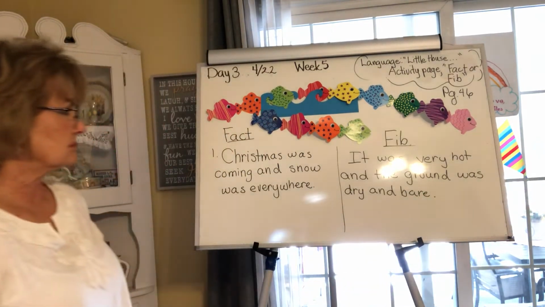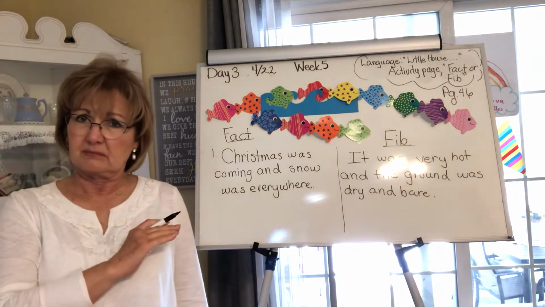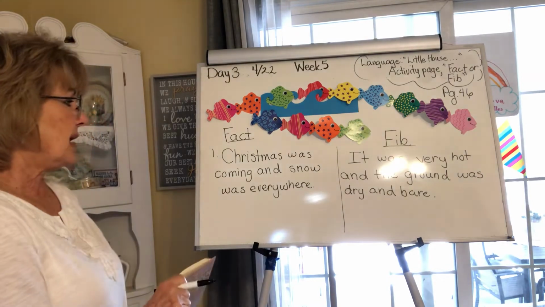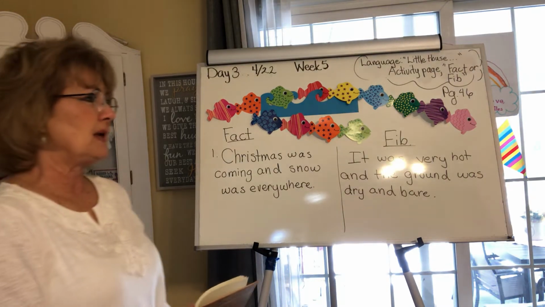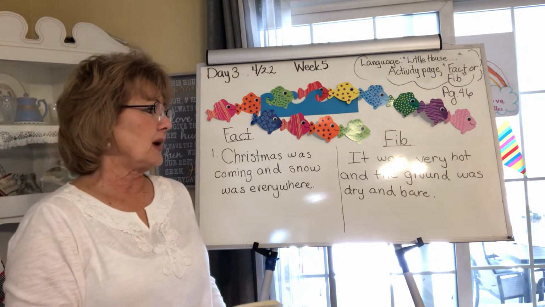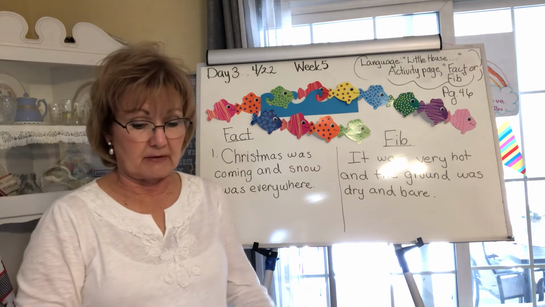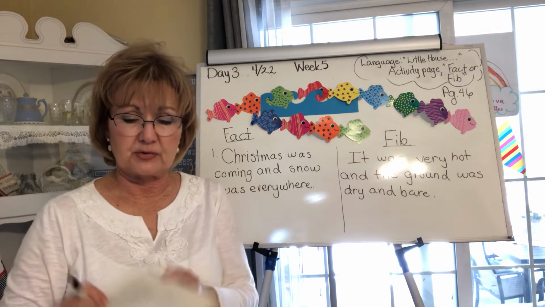How about that? The fact is, Christmas was coming and there was snow everywhere. The fib would be it was very hot and the ground was dry and bare. So obviously not the truth.